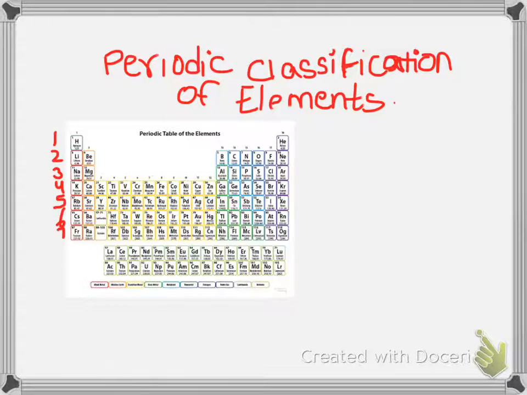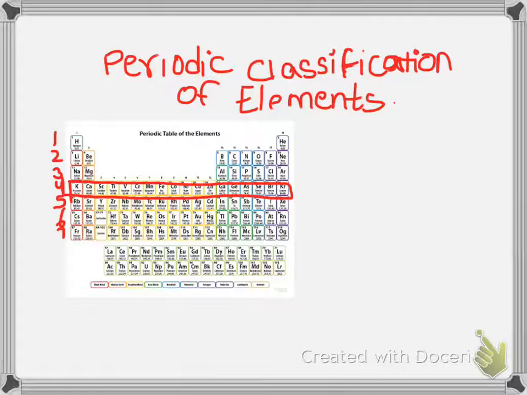As we discussed, there are 7 periods in the periodic table, which means the horizontal lines are known as the periods of the periodic table. As we took an example of oxygen, the number of shells in the electron configuration determines the period of that element.